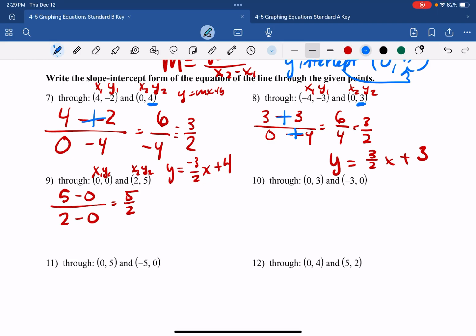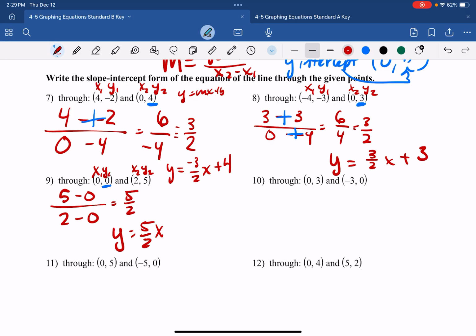Now notice which one has the x that's 0. Well, that's over here, the first point. So y is 0 too. So it's y equals 5 halves x plus 0. Or you can just get rid of the plus 0. Didn't let me erase that one. And just have the x.